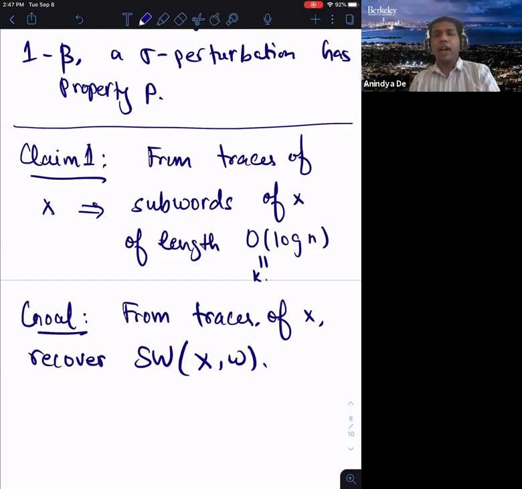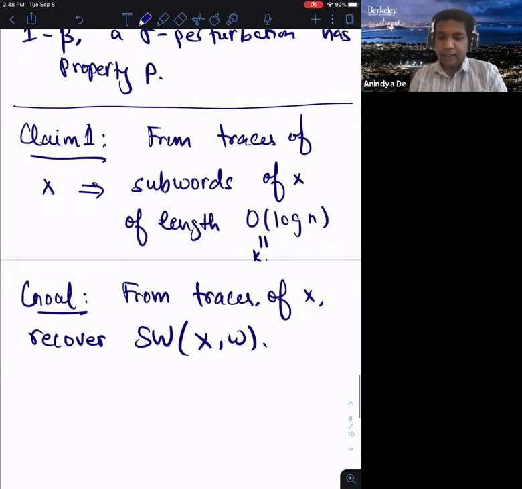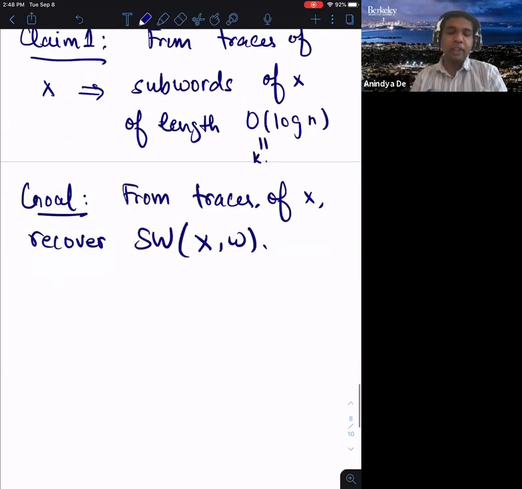Okay. And the most obvious thing to try is the following. You're getting traces of x, so you can just count how many times the subword W appears as a word in the trace of x.